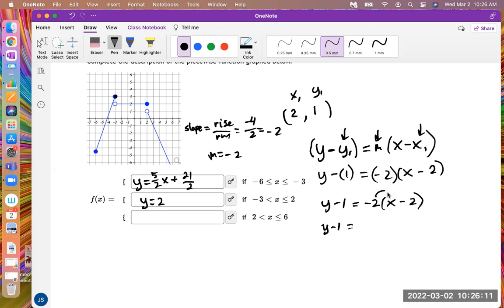So -2 times x is -2x. And then -2 times -2 is +4. And then now all I have to do is add 1 to both sides. And then I get y equals -2x plus 5. And that's my third equation.